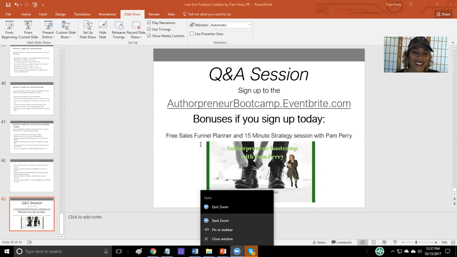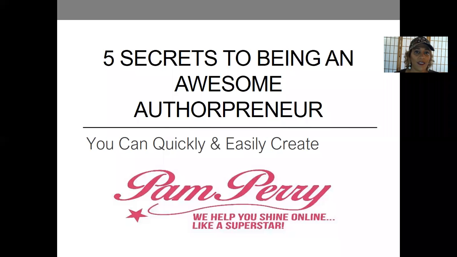All right, good. If there are any other questions, I'm going to pull this down from the beginning. So we just went over the 5 secrets of being an awesome authorpreneur. Oops, didn't want to do that.